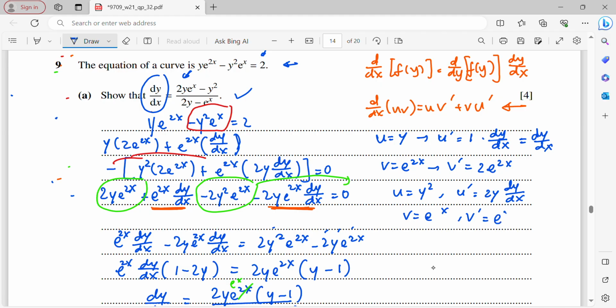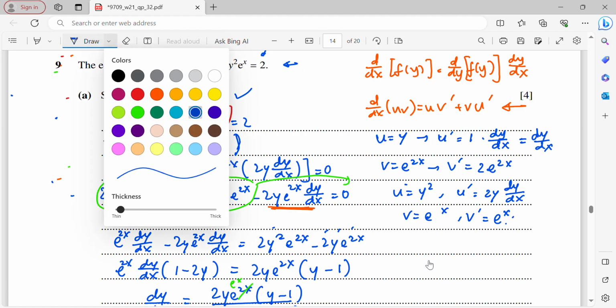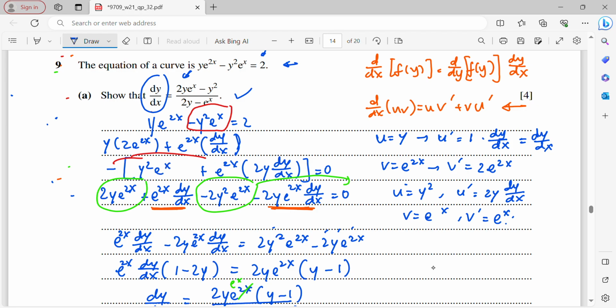So this is e^x, which means for my second differentiation, I have to recheck. It will be uv. So it will be y squared e^x. So this is wrong. Okay, sorry about the mistake. So here is going to be y squared e^x.